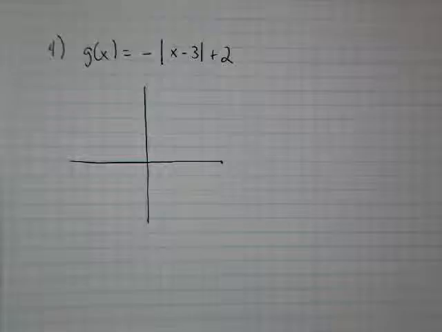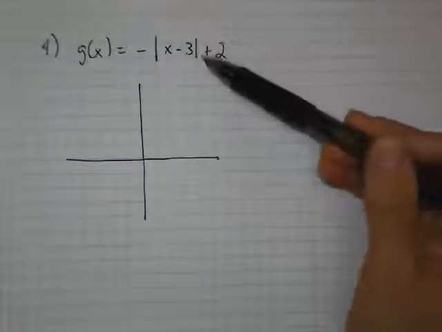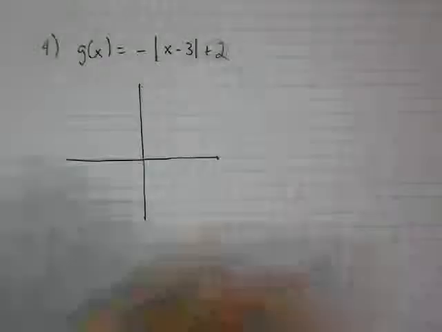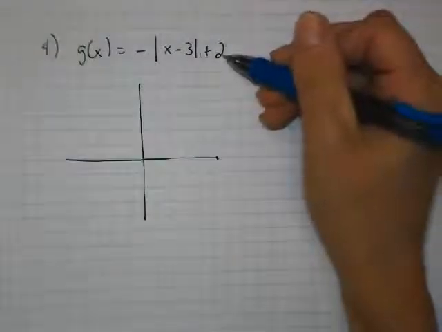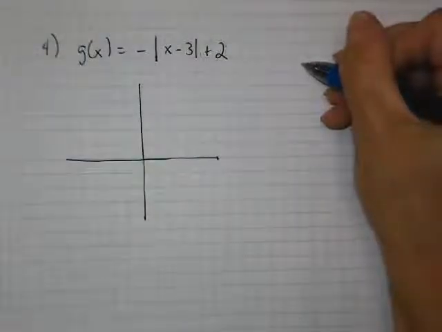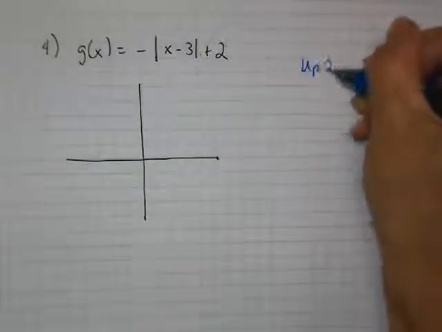So first thing that I want to do is move him. Let's see if we can't get the basics. We're going to go up 2. We're going to go right 3.